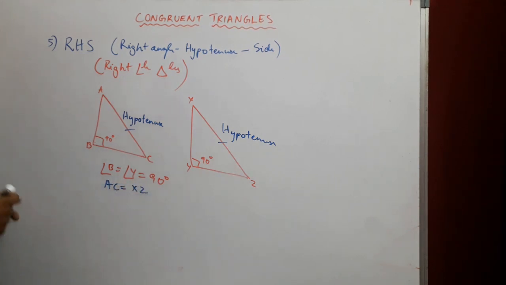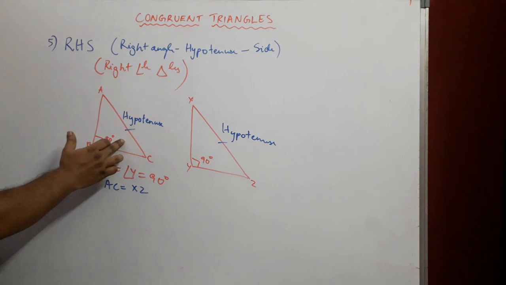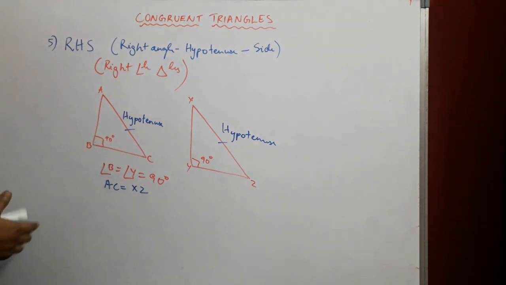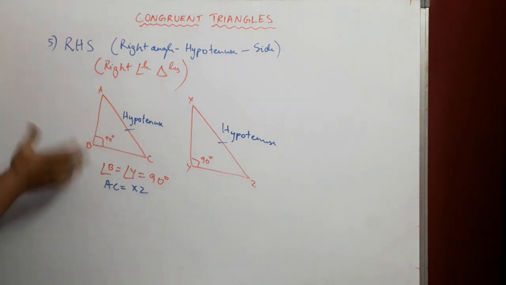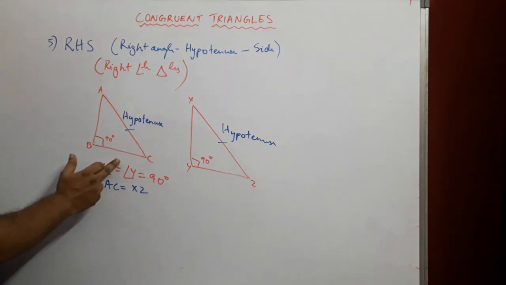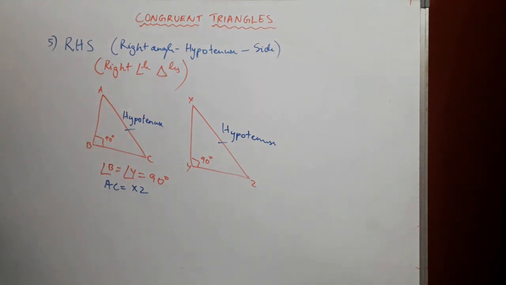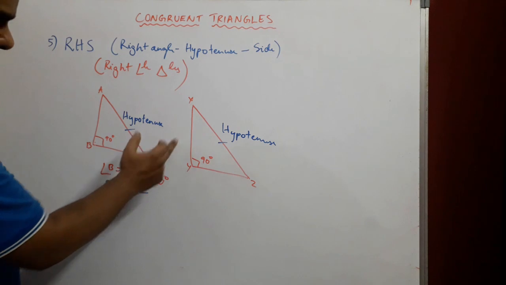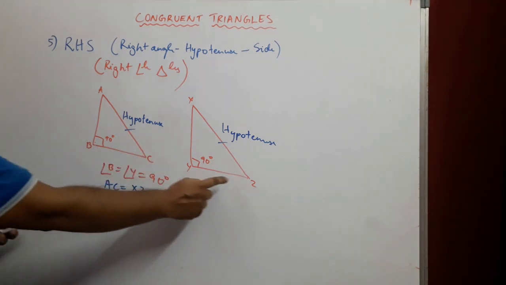and we need to have a side equal. That side should be any side adjacent to the right angle apart from the hypotenuse. So it can be either AB or BC. What I'm trying to say is either AB should be equal to XY or BC should be equal to YZ.